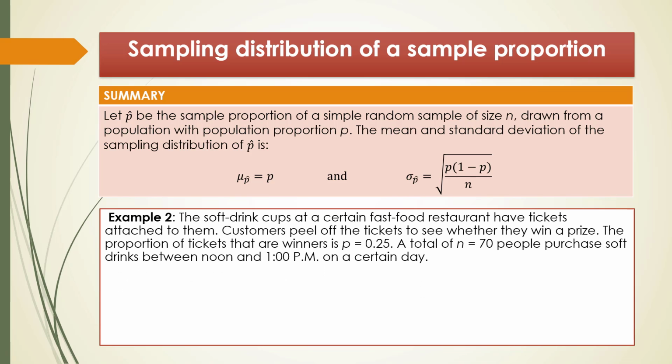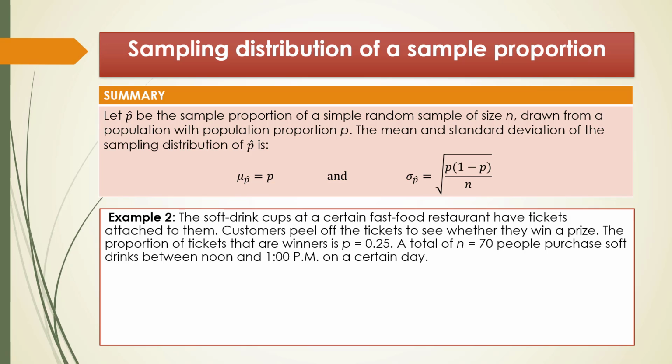Let's do one more example. The soft drink cups at a certain fast food restaurant have tickets attached to them. Customers peel off the tickets to see whether they win a prize. The proportion of tickets that are winners is p equals 0.25. That means suppose they have 100 tickets, 25 of them give the customer a prize.